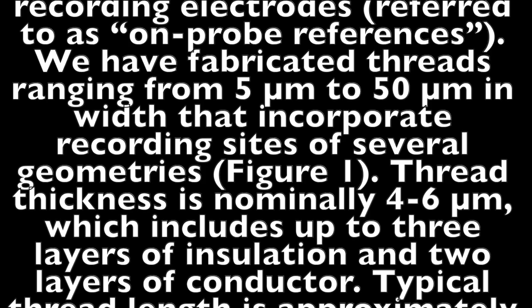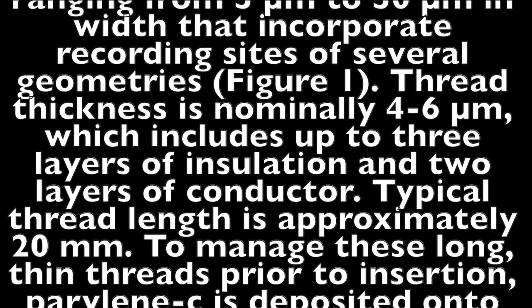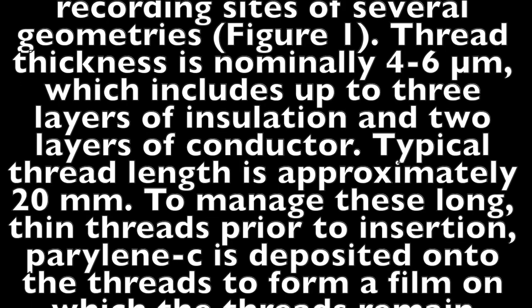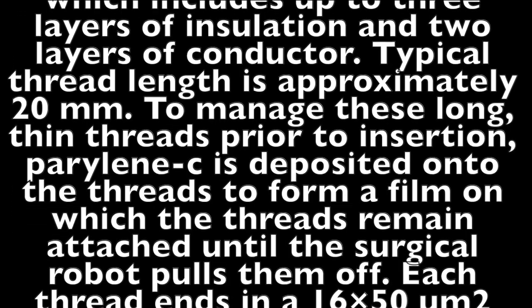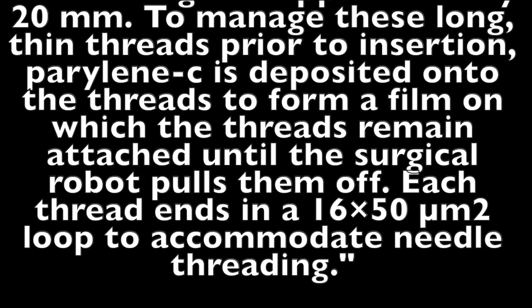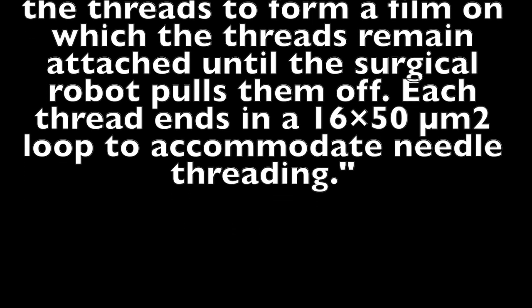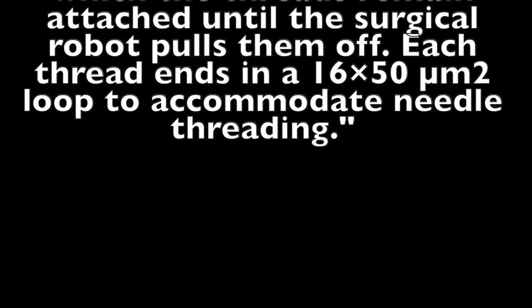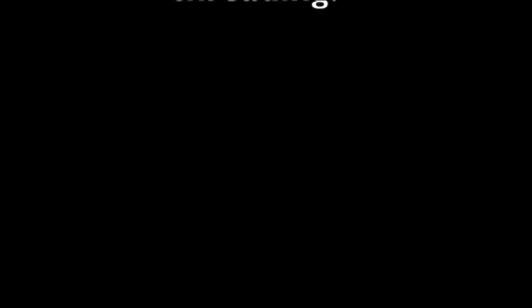Thread thickness is nominally 4 to 6 micrometers, which includes up to 3 layers of insulation and 2 layers of conductor. Typical thread length is approximately 20 millimeters. To manage these long, thin threads prior to insertion, Parylene C is deposited onto the threads to form a film on which the threads remain attached until the surgical robot pulls them off. Each thread ends in a 16 by 50 micrometer square loop to accommodate needle threading.